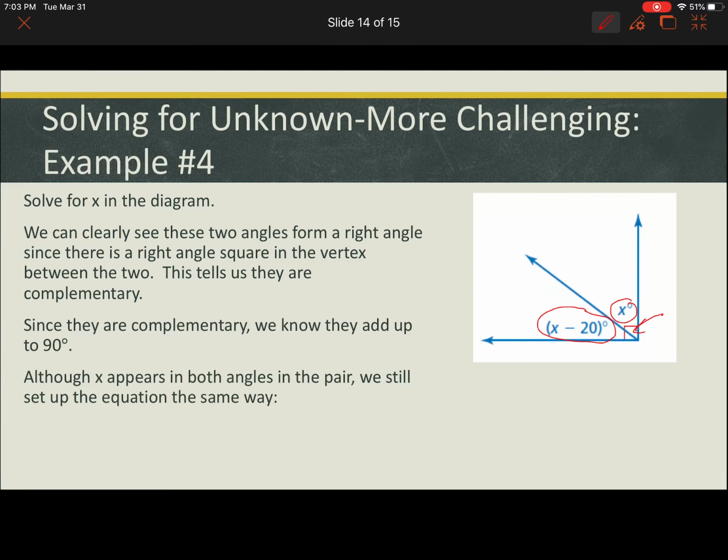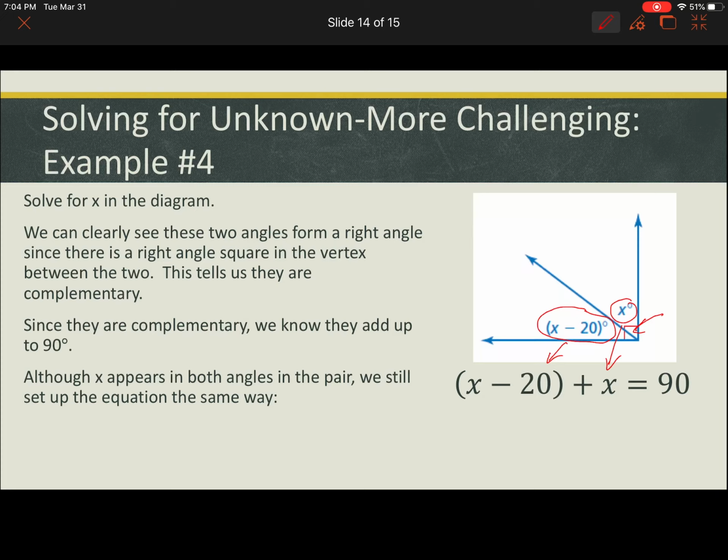And even though x appears in both angles in the pair, we set up the equation the same way. So we take our first angle, x minus 20. To that, we add x, and that equals the 90 degrees, since they're complementary. Now, the way that we have to solve is slightly different.